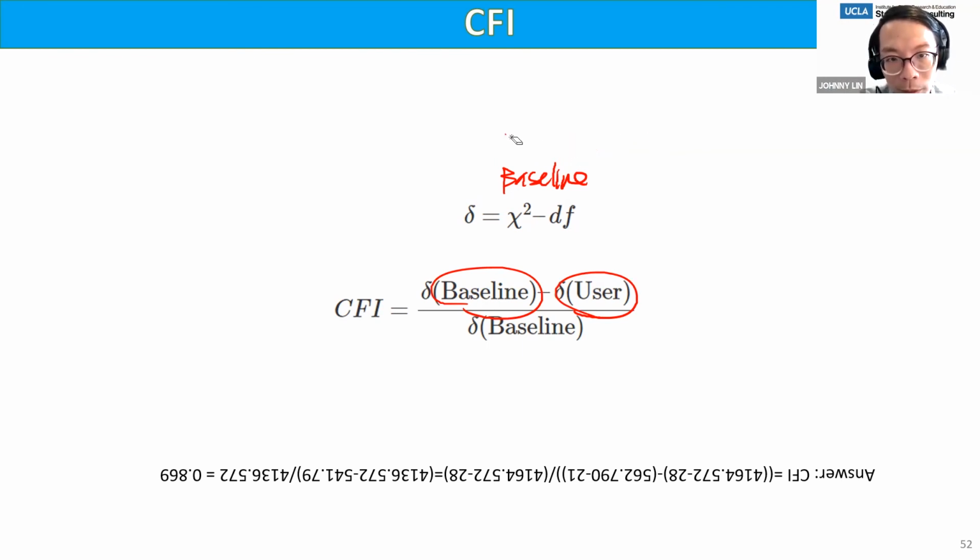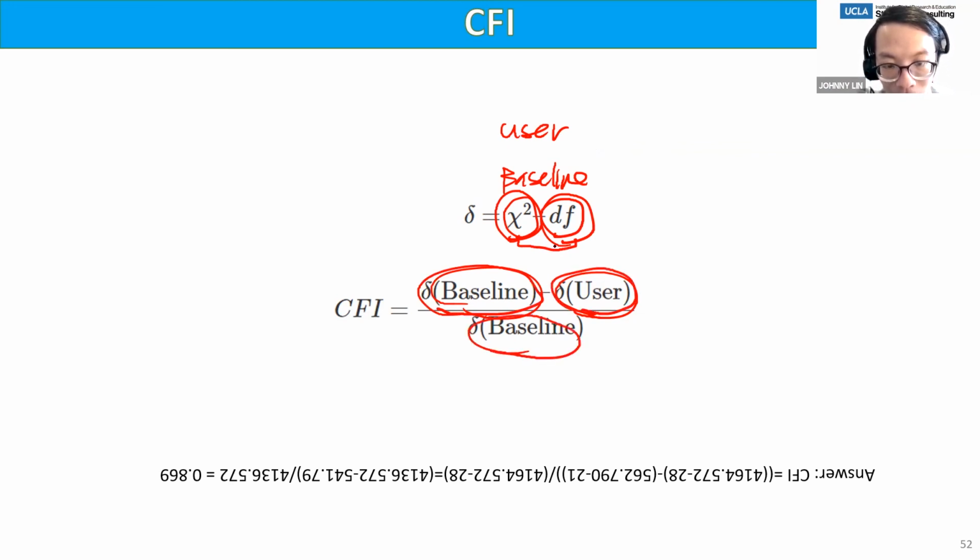Let me rephrase that. First you need the baseline chi-squared and degrees of freedom. Then you need your user chi-squared and degrees of freedom. Then you take the difference of the chi-squared and the degrees of freedom. That's your delta baseline minus your delta user, and this is the user one over the delta baseline.